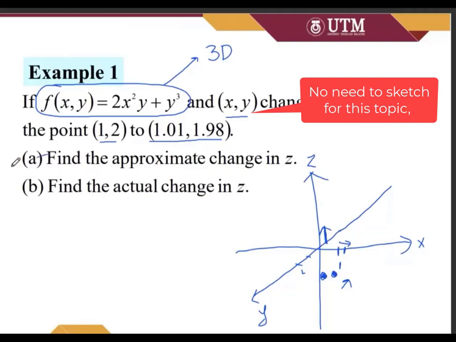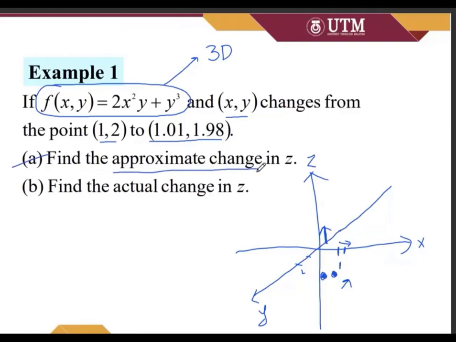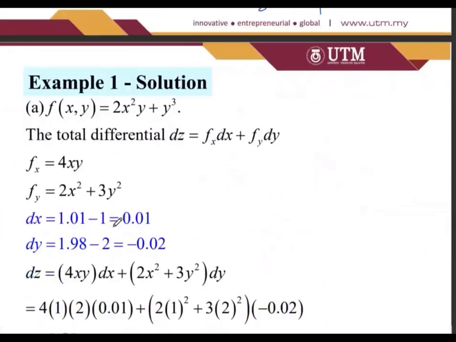The first question is to find the approximate change. Approximate means that you have to differentiate. So remember the formula, dz equals fx dx plus fy dy. What is fx?